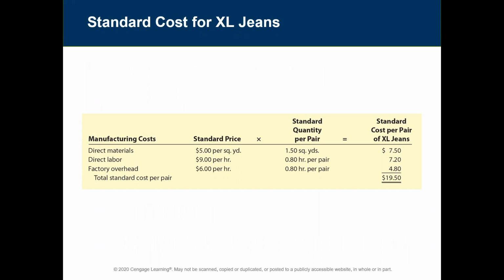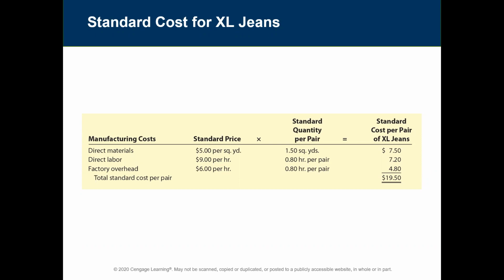We know we're going to have separate standards for direct materials, direct labor, and overhead, but for each of those product component costs, there are 2 possible sources of variance. So let's take direct materials first. When you are making a product, you have a specification for that product made by the engineering or design team.